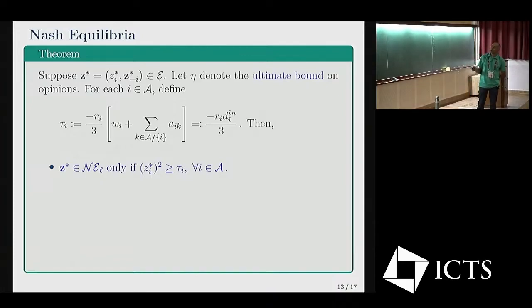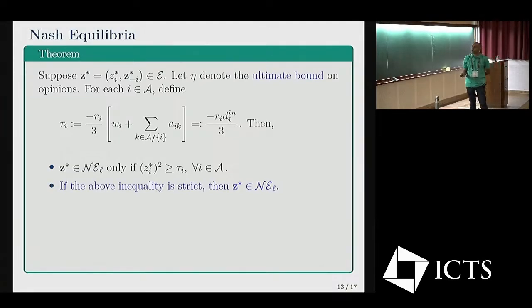If we have an equilibrium point of the opinion dynamics, z star, then it is also a local Nash equilibrium only if z_i star is greater than tau i. So it relates z_i star and the in-degree of each node. And if this inequality is strict, then z star is indeed a Nash equilibrium.